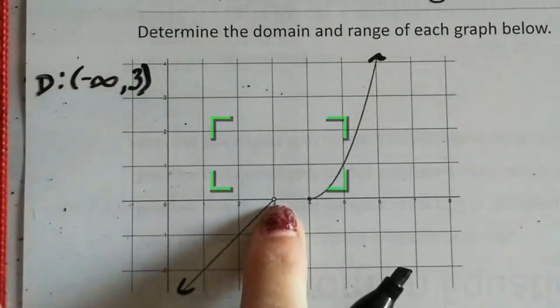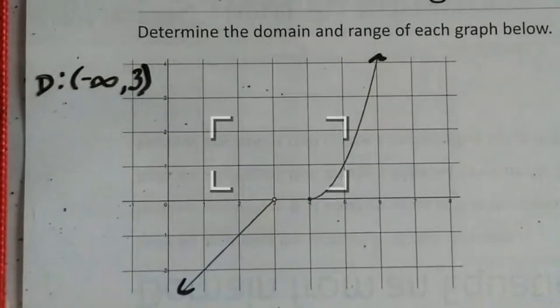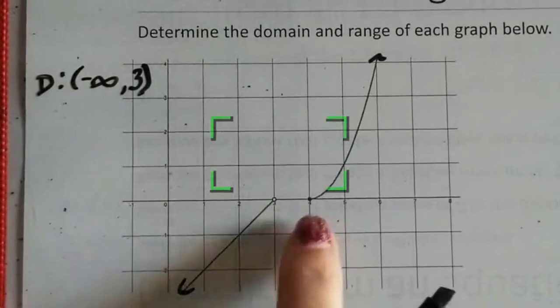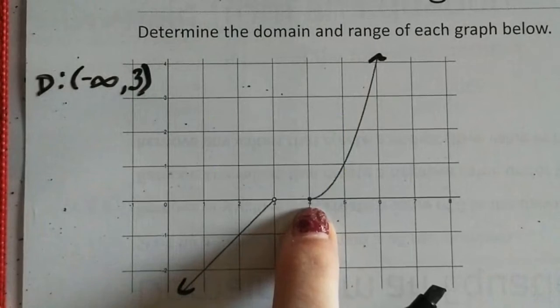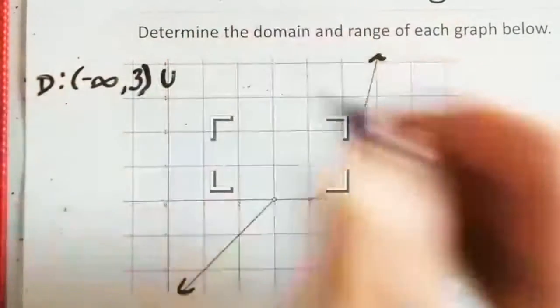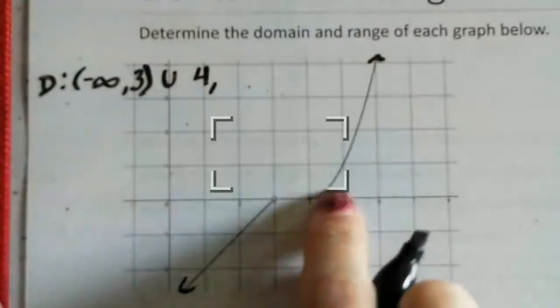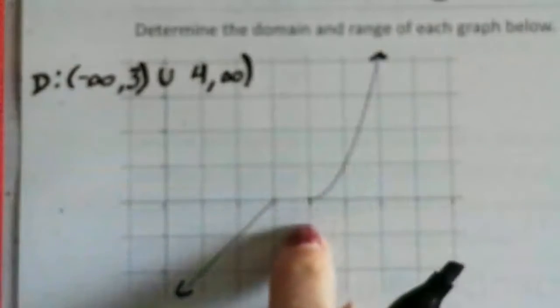There is no place on this graph where x equals 3. That's an open circle, meaning that point doesn't exist. But we do start again at x equals 4. So that means we jump, so we union to 4, and that goes up and to the right forever, so that's to infinity. We have a closed circle on the 4, so we get a bracket.